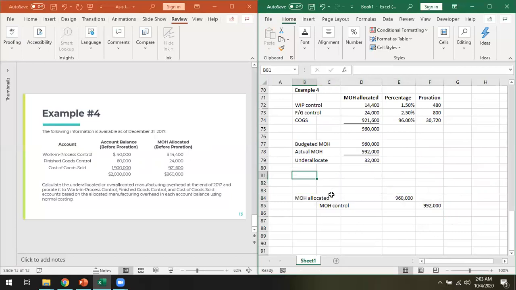First, we have work in process control, which is $480, and we have finished goods control, which is $800. Then we have cost of goods sold.